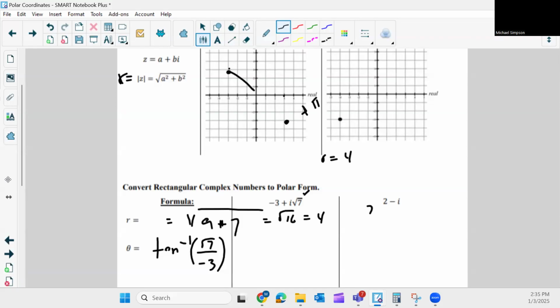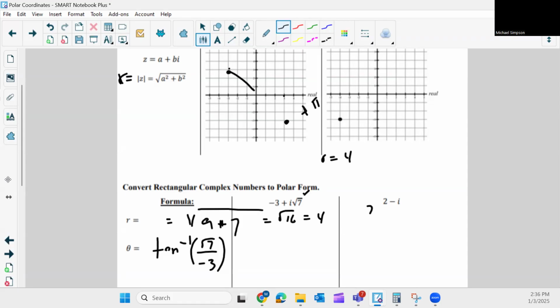Calculator really quick. Trig function, tan inverse, and I'm looking for the square root of 7 over -3.